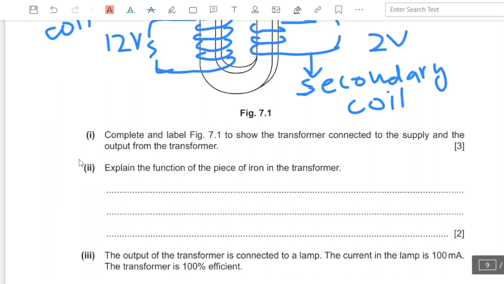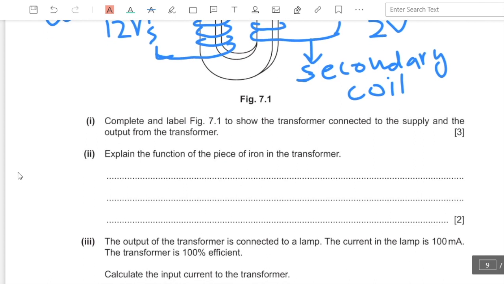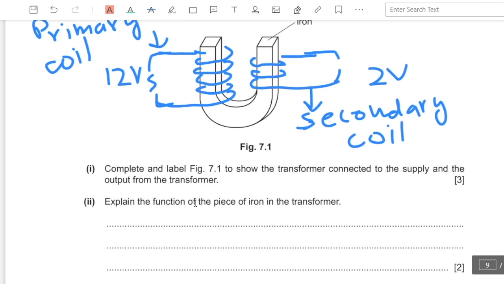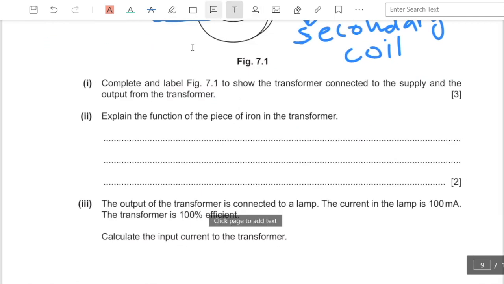To explain the function of the piece of iron in the transformer. Alright, so here we're supposed to be mentioning why we're using the iron, and also the reason for using this shape of iron. So the iron is a good conductor.